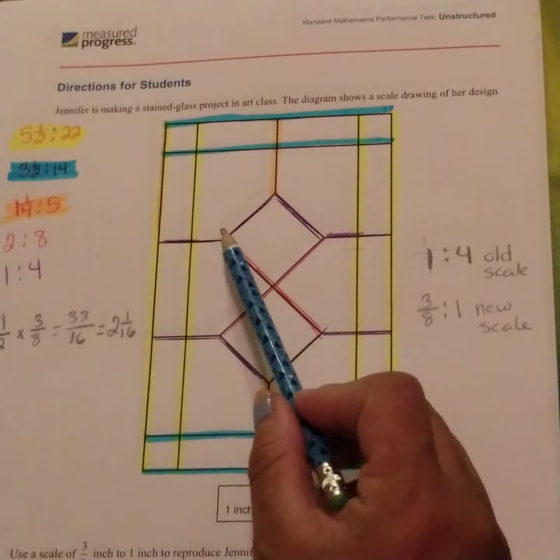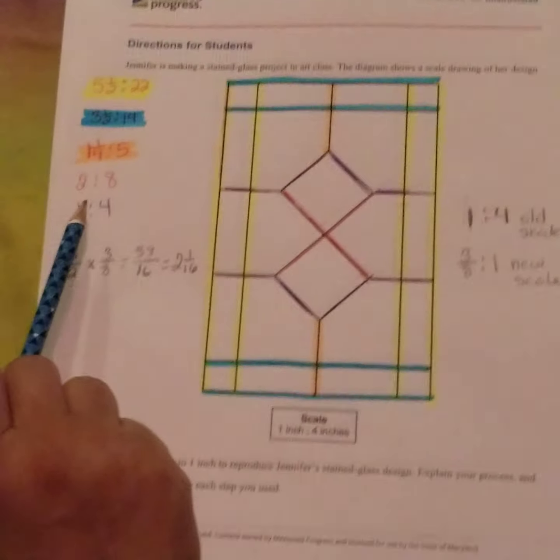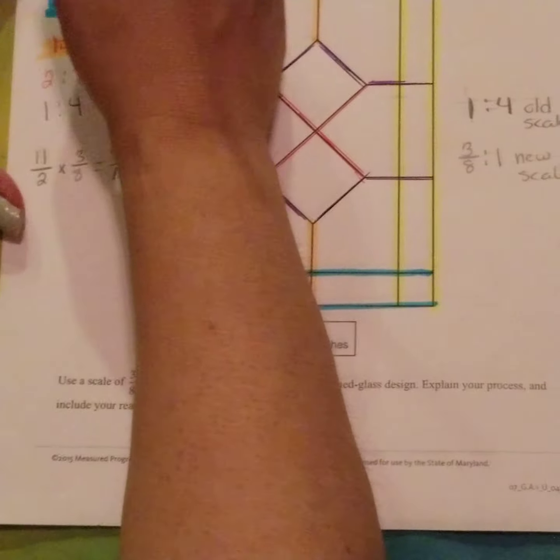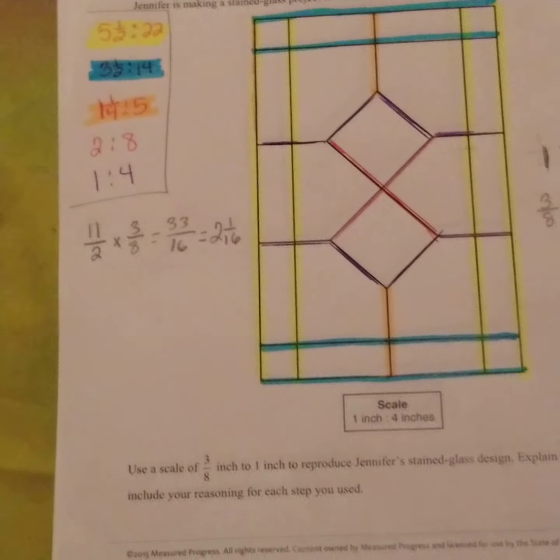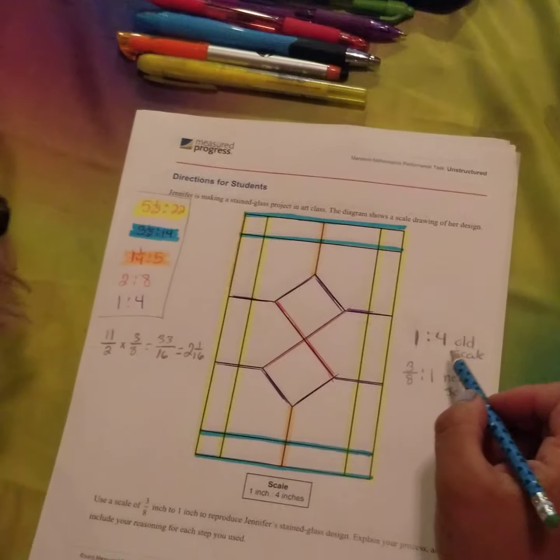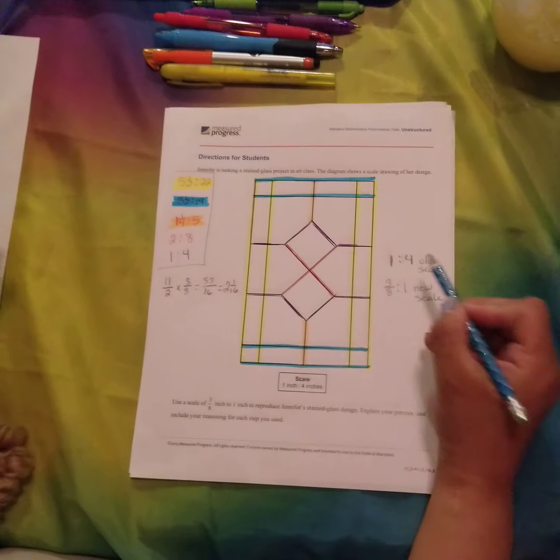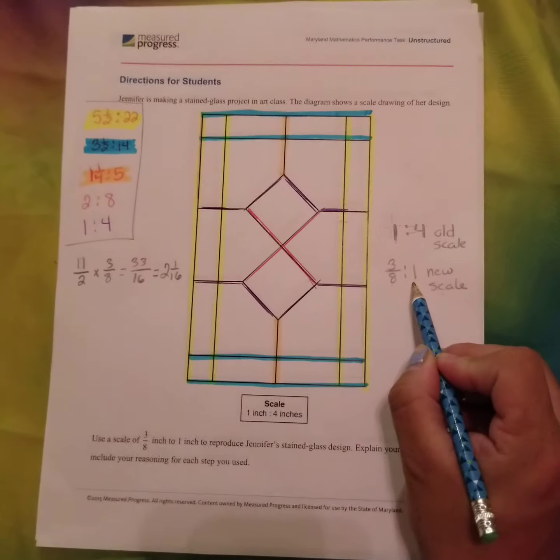The remainder of the lines that are in purple were only 1 inch. So this was the original scale here. Then I had to figure out, okay, how am I going to get this into the new scale? So I have the old scale here is 1 to 4. The new scale needs to be 3/8 to 1.